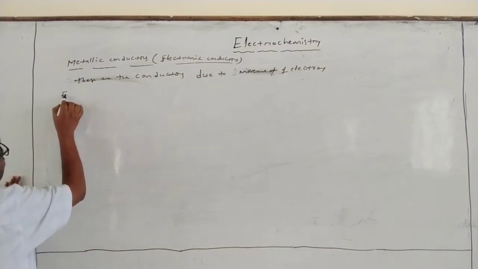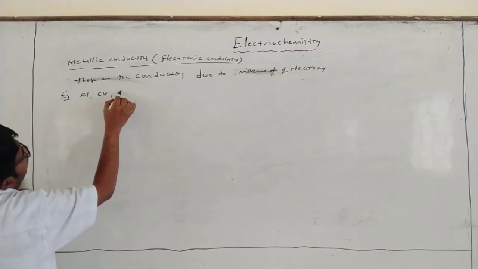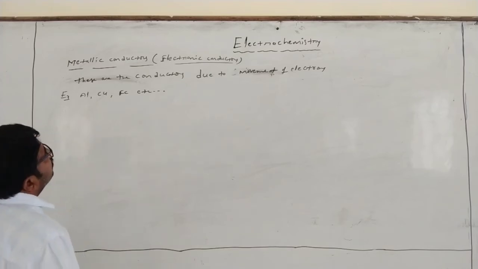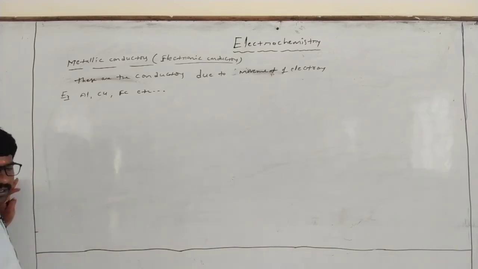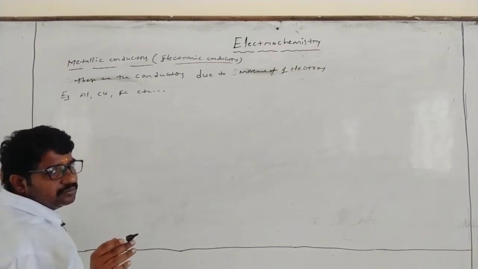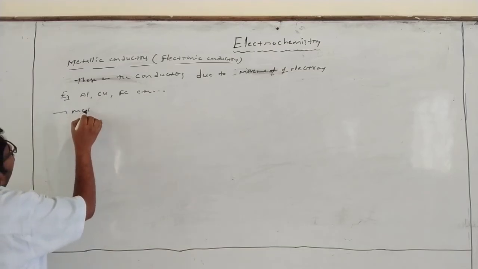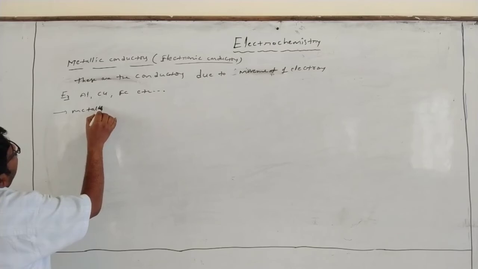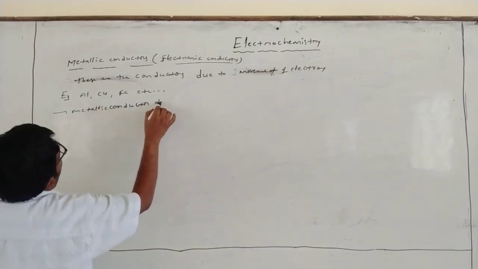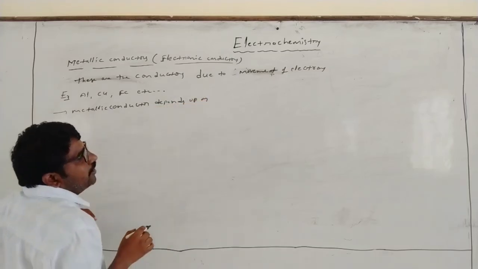For example, aluminium, copper, iron, etc. All the metals are good conductors. Metallic conductors depend upon some factors.